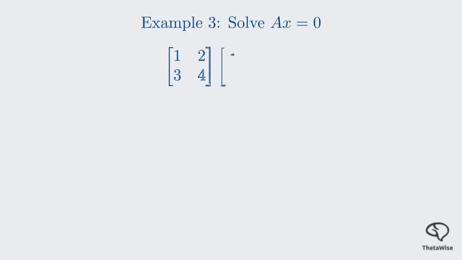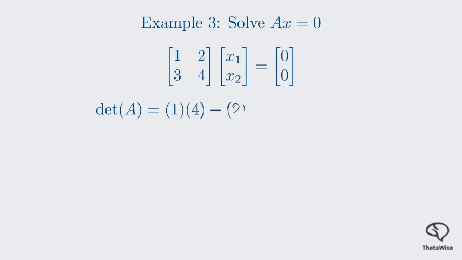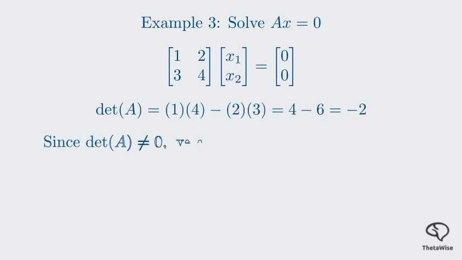Finally, let's see a case with only the trivial solution. Solve the system: the matrix [1, 2; 3, 4] times the vector (x1, x2) equals the 0 vector. The determinant of A is 1 times 4 minus 2 times 3, which is 4 minus 6, or negative 2. Since the determinant is not 0, we expect only the trivial solution.